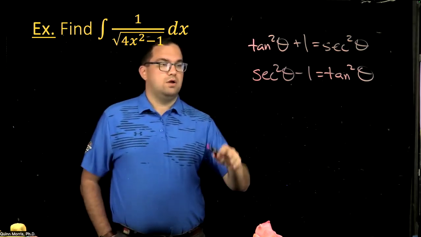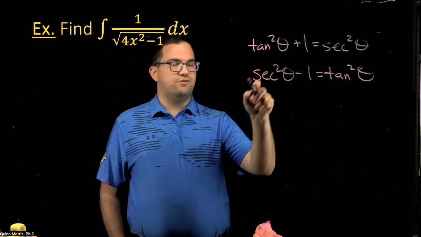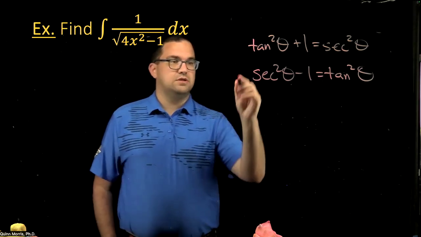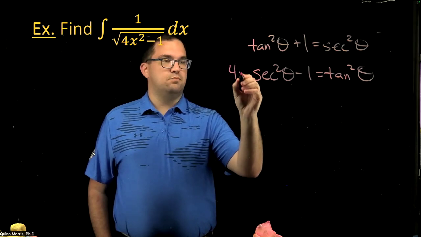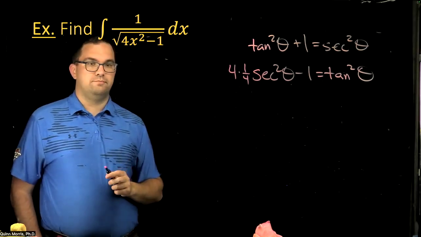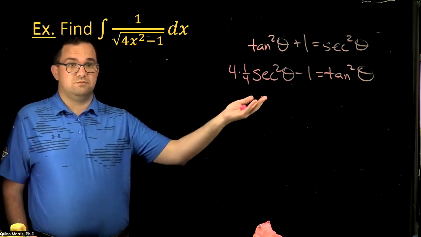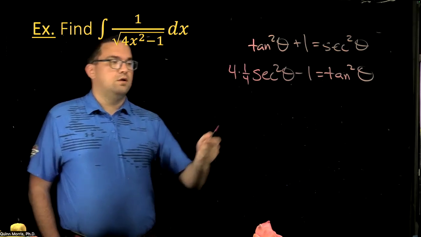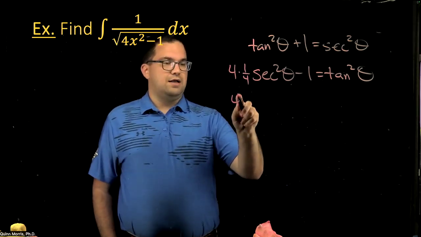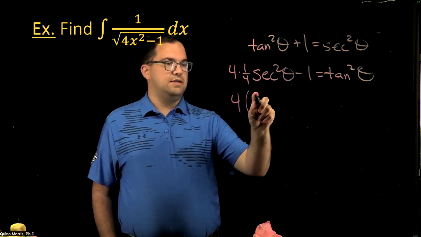So I think the way to think about this is that if you want to introduce a 4 right here, but nowhere else, the best way to do that is multiply by that 4 and also by 1/4. Why? This 4 times 1/4, if we simplified it, would simplify to 1. But now that I've done this, I could take this 1/4 and pull it in with the secant piece.